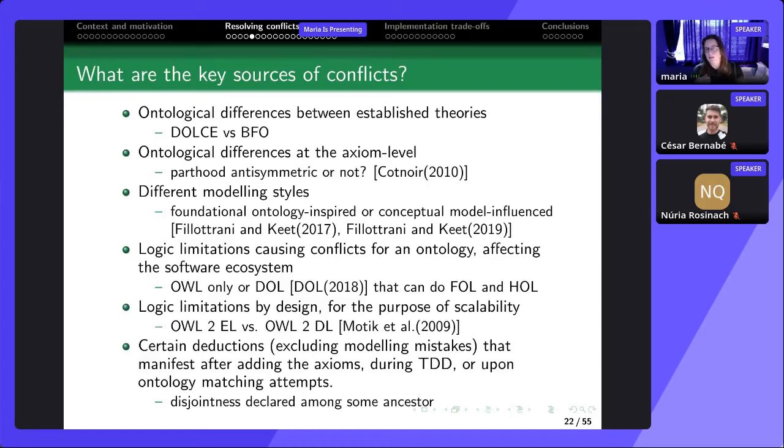For instance, if you are working within OWL and what you want is beyond OWL, to resolve it you have to change the ecosystem and go, for instance, to the Distributed Ontology Language or a first-order logic system, such as Prover and Mace, or something else. But you have to abandon a whole ecosystem of tools to resolve it. There also may be logic limitations by design for the purpose of scalability, when you have either a very large ontology or loads of data.